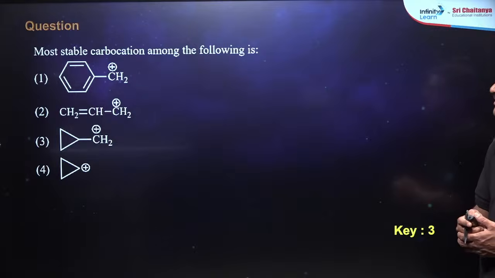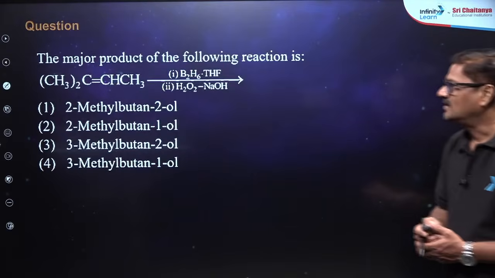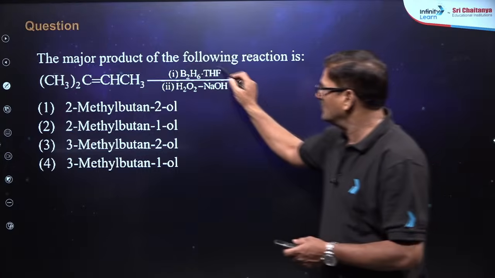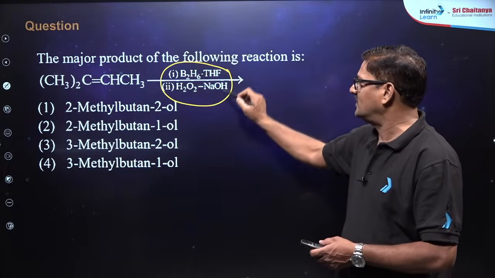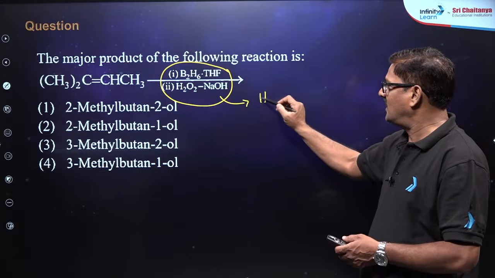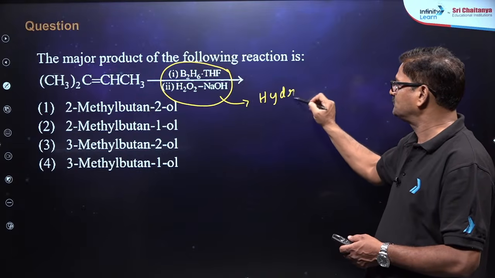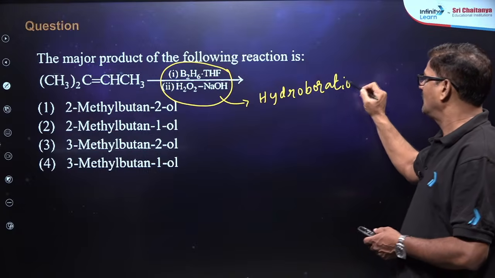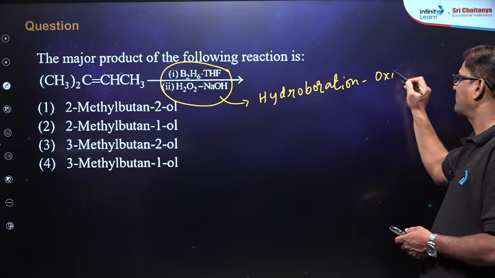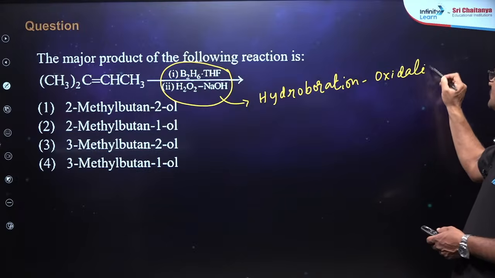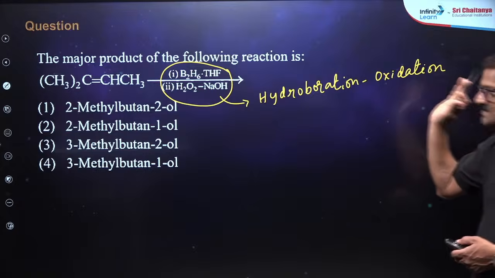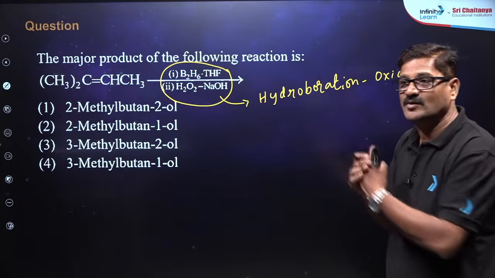And one more question, bacho, here one more. The major product in the following reaction. So what is the set of reagents? So it is hydroboration and oxidation. Hydroboration and oxidation reaction. And this hydroboration oxidation, what is its speciality, beta?